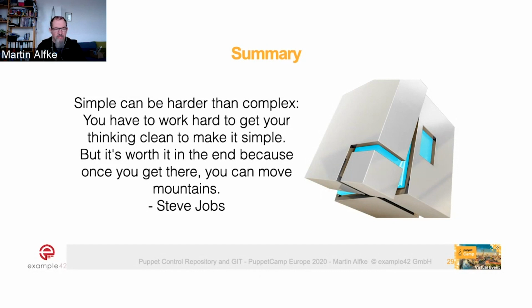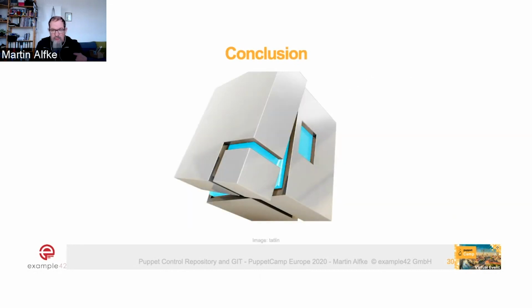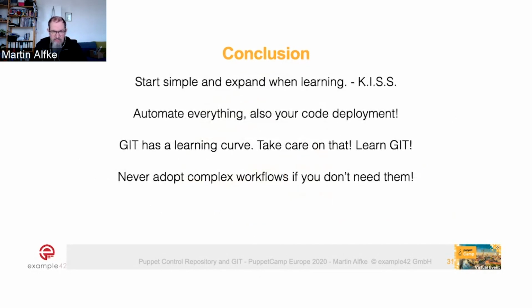It will be complex anyway, sooner or later. So start with the most simple approach. And when you learn things, you can go for more comfortable solutions, even if at the beginning they were complex. So the conclusion is start simple and expand when learning.